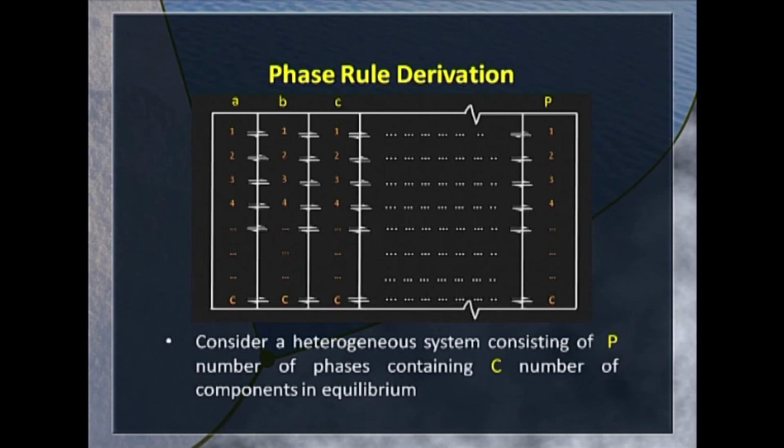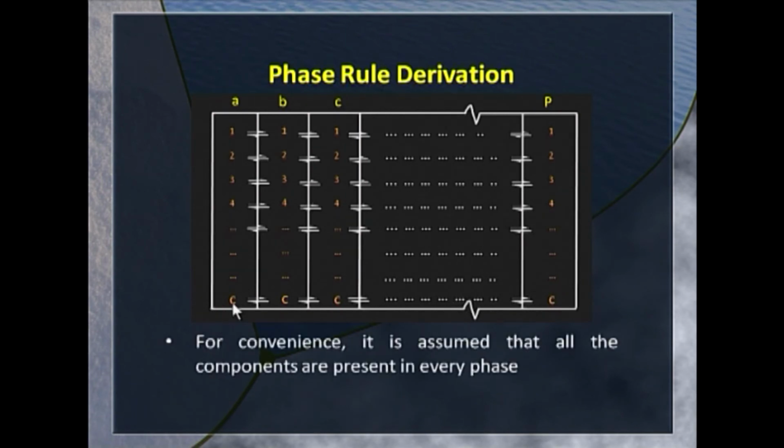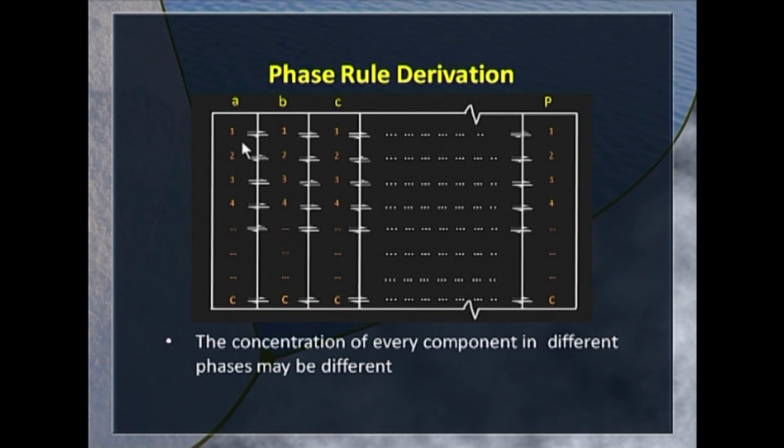It is a heterogeneous system consisting of P number of phases and C number of components, and we name the phases as A, B, C up to P, and we name the components as 1, 2, 3, 4 right up to C. For convenience, we assume that all the components are present in all the phases and the concentration of a given component, say 1, may be different in different phases.